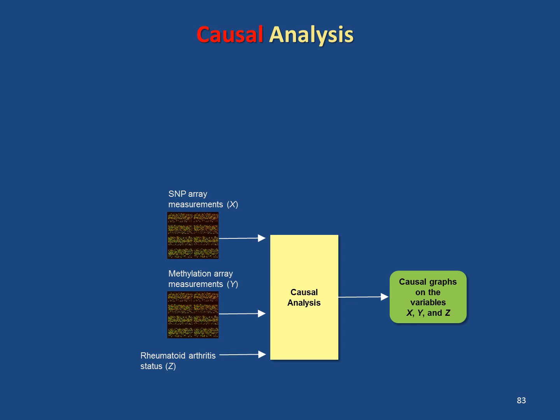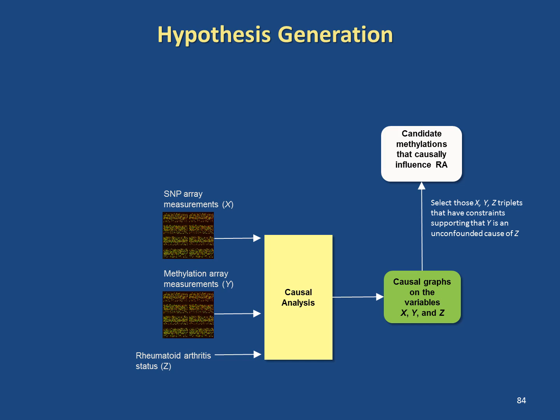So going back to our flow diagram, the input is the array measurements: SNP measurements, those are X. The DNA methylation array measurements, that's Y. And the rheumatoid arthritis status is Z. And they're doing a causal analysis very similar to what we just did on the 3 variables, looking at the causal graphs on X, Y, and Z. They're selecting those X, Y, and Z triplets that have constraints that support that Y is an unconfounded cause of Z because it meets those 4 constraints that we went through before.